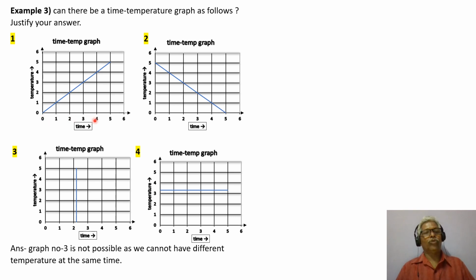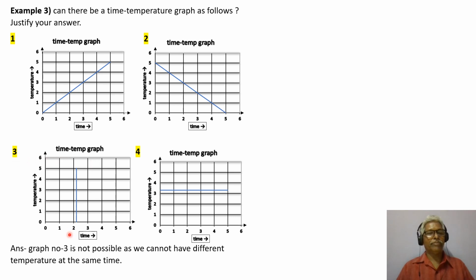Time is given on the x-axis, temperature on the y-axis, and at different times there are different temperatures. This is possible. Now here, same thing, temperature on the y-axis and time on the x-axis. Temperature may fall at different times, may fall linearly.